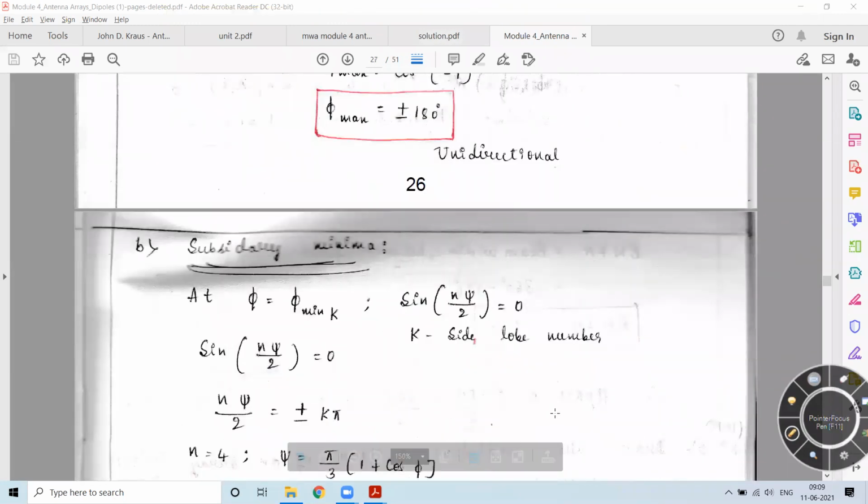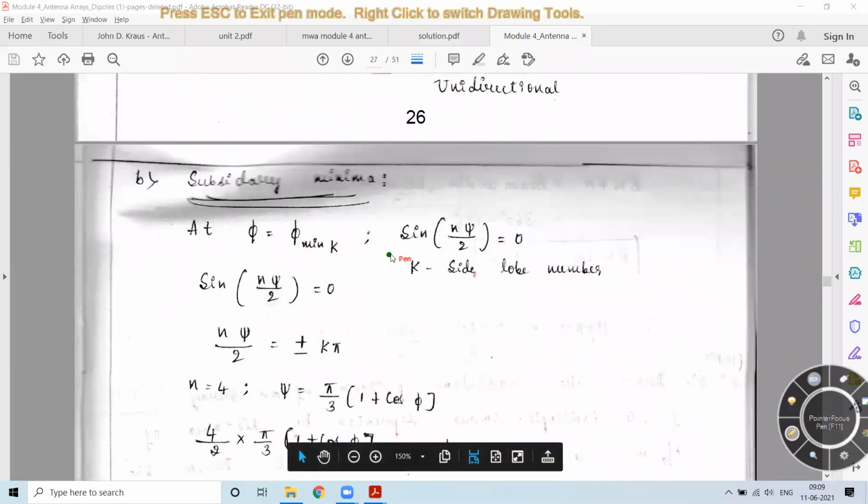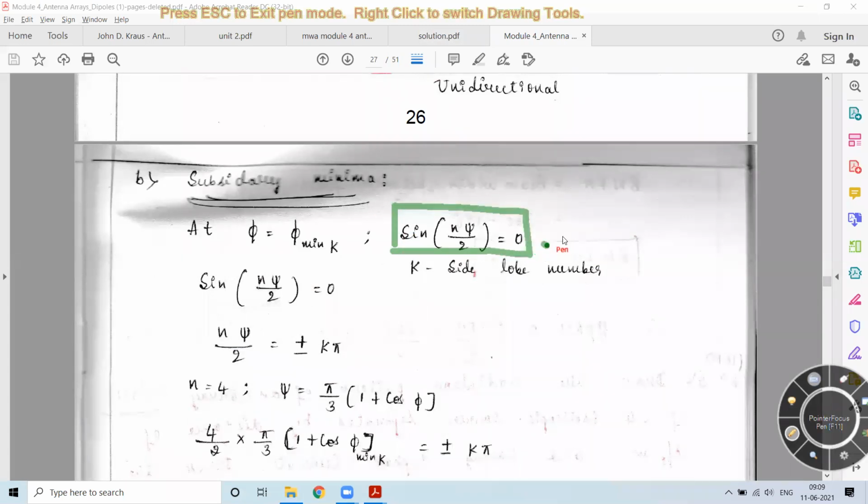Then we estimated in which direction I am having the nulls by using this equation, that is sine n psi by 2 equal to 0. If I equate this and obtain the angles of phi, I'll be obtaining the directions of the null values. Apart from this, I need to identify along which direction the side lobes have a peak.